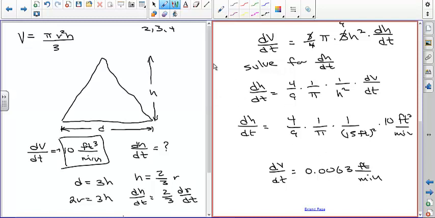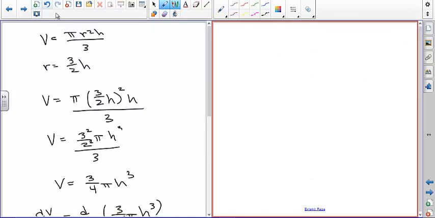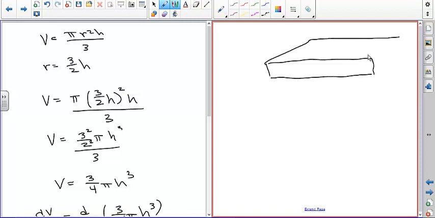So the first thing that we did was we had to come up with some relationship. So what I have here is something that looks like this. It's a boring swimming pool with no deep end.